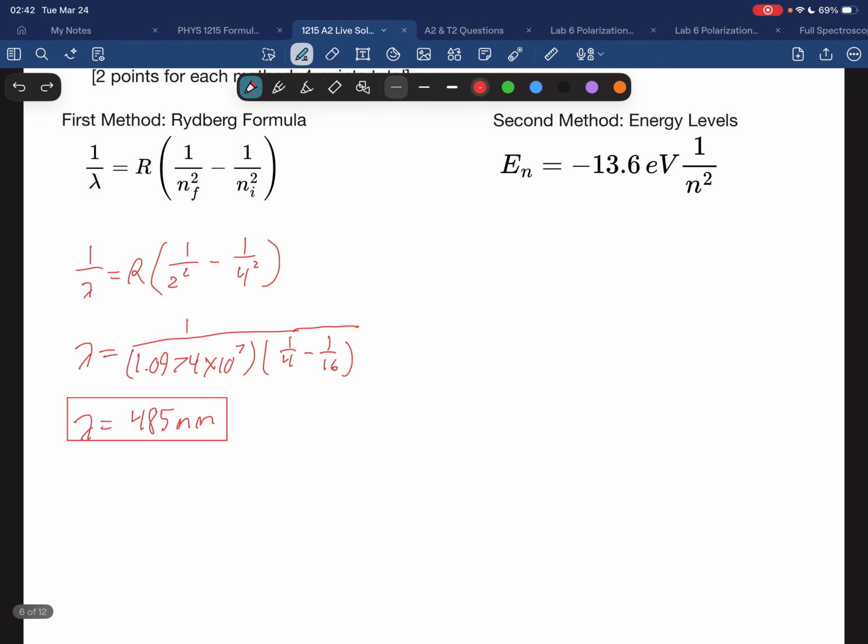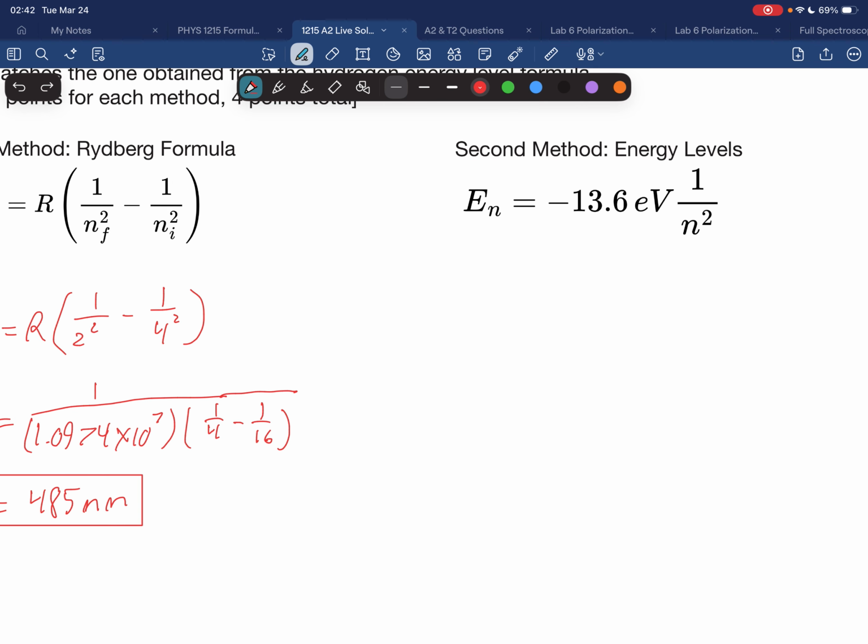Second method, using energy levels. So we're going to calculate for the fourth energy level first. So that's negative 13.6 electron volts over 4 squared. Punching this in my calculator, I got negative 0.85 electron volts.